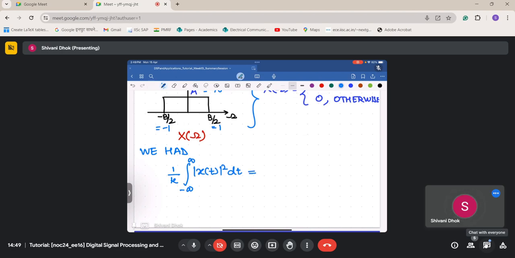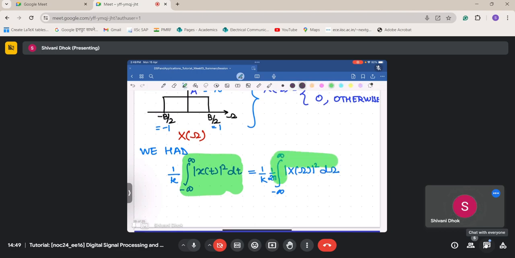This part I can write as 1 by k, which will remain as it is, multiplied by integral from minus infinity to infinity of 1 upon 2 pi magnitude of x of omega square d omega. So these shaded green parts are equal, and this equality comes from Parseval's theorem.